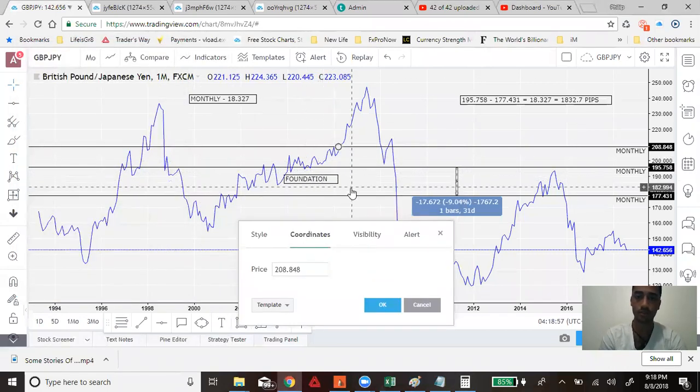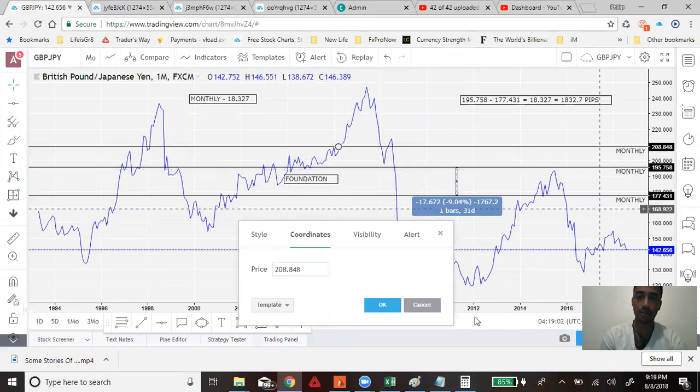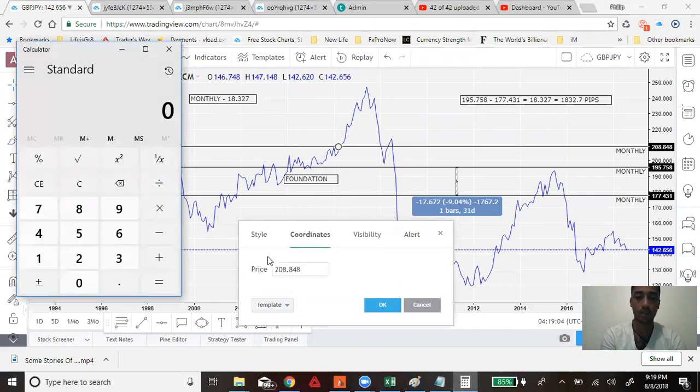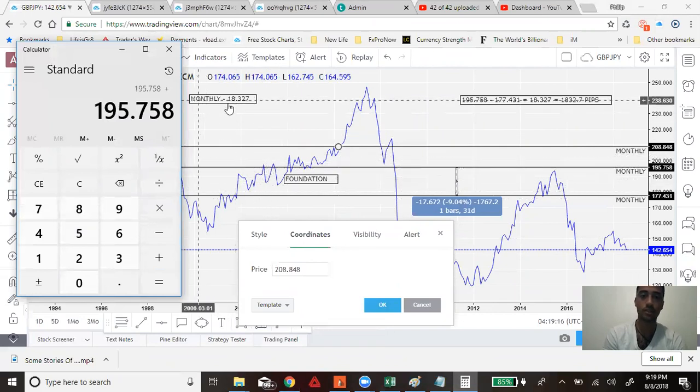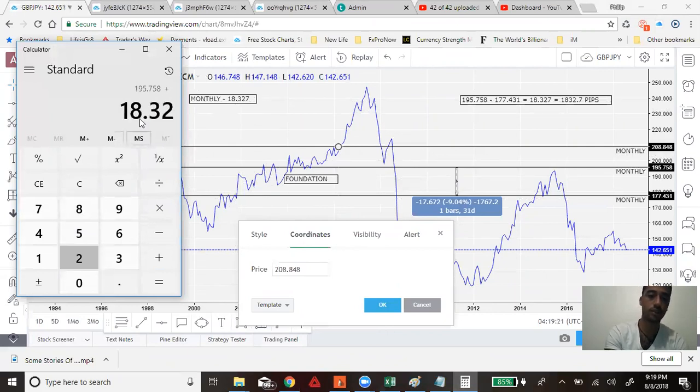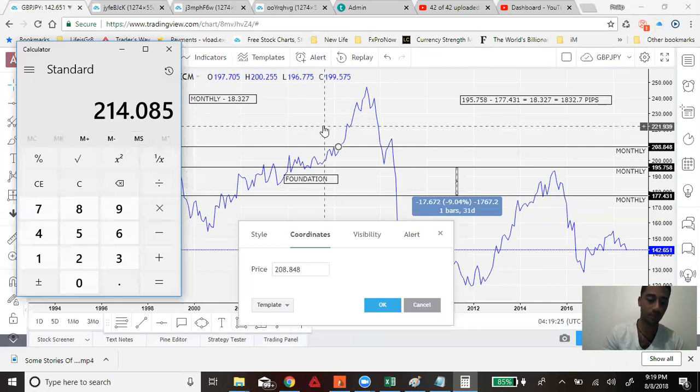This is the foundation right here that we created from the beginning, this line, which is 195.758, plus the range that we came up with to get a new range in between these two lines. So plus this number, 18.327. Okay, so 214.85.